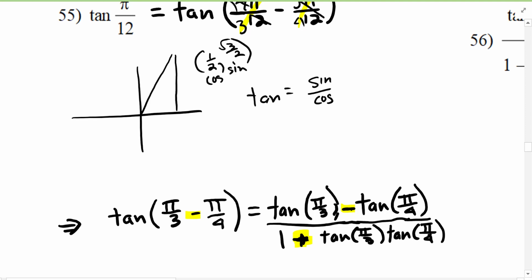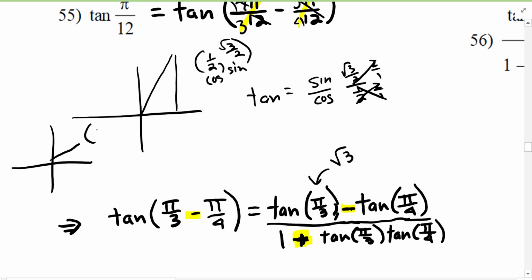So when you want to find the tangent, you have to do root 3 over 2 over 1/2, and then you multiply top and bottom by 2 over 1. So tangent of pi thirds ends up being positive root 3. And then pi fourths, well, look at pi fourths, cosine and sine are the same. So what do you get when you divide a number by itself? That's going to cancel to 1.